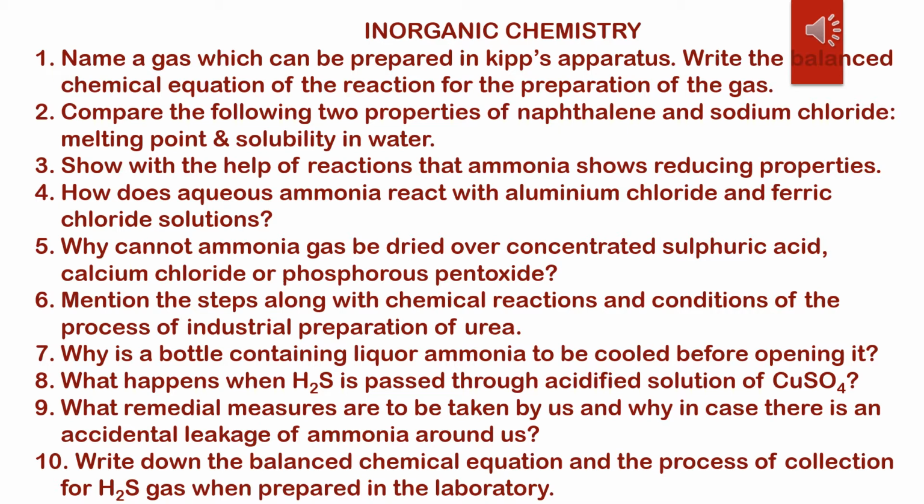AlCl3 plus 3NH4OH equal to Al(OH)3, down arrow, within bracket we will write white because color is white precipitate, plus 3NH4Cl, that is ammonium chloride.